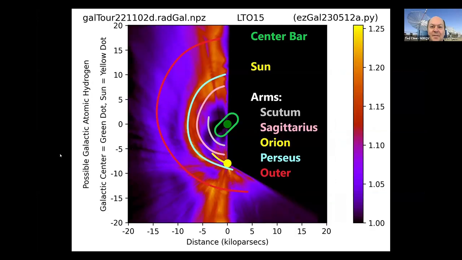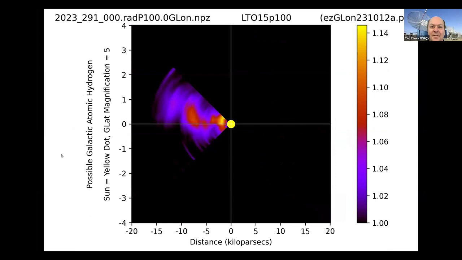With the galactic center as a green dot, I labeled the galactic arms, and collecting data for just the galactic longitude of plus 110, marked by that yellow line. The EasyGlon program can plot the cross-section.